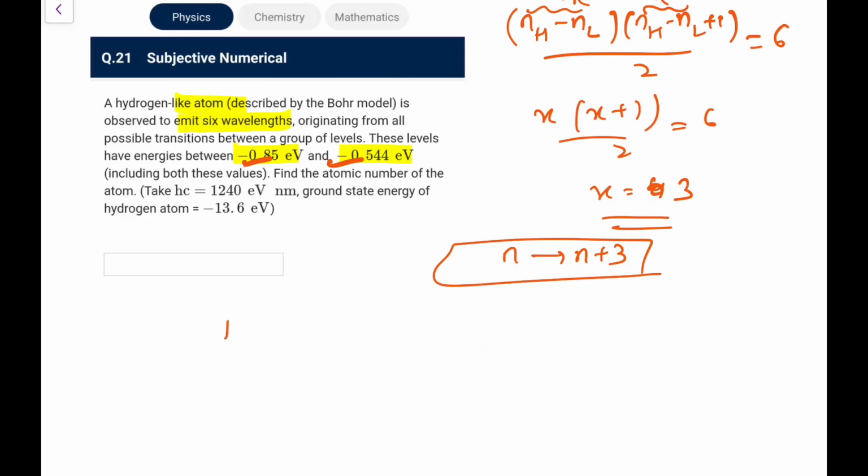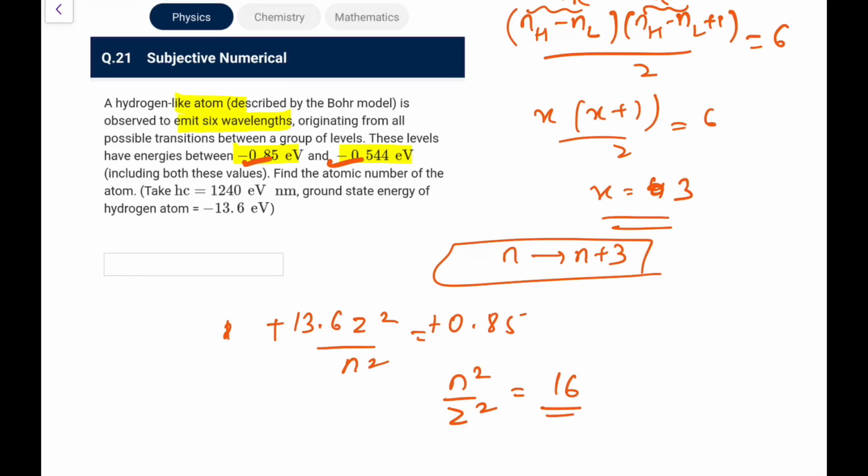What I can say is that the nth level would be minus 13.6 z square by n square, which is equal to negative 0.85. So z square by n square, or better write n square by z square, that would be a better value. If you solve this, n square by z square comes out as 16, so n by z is 4.